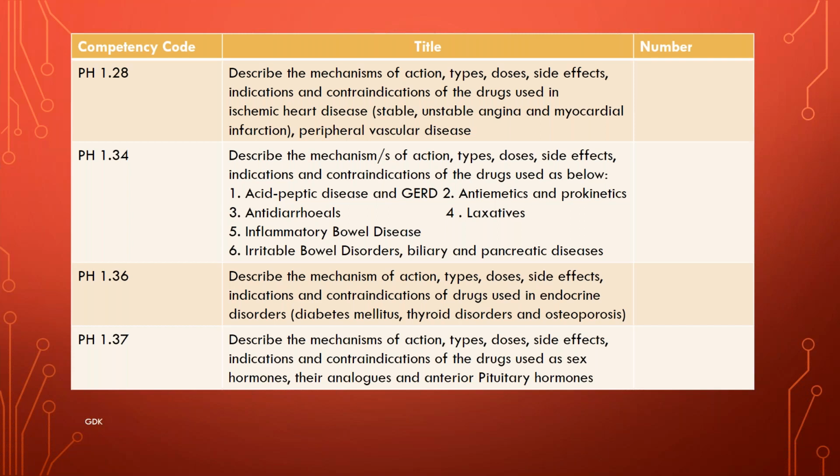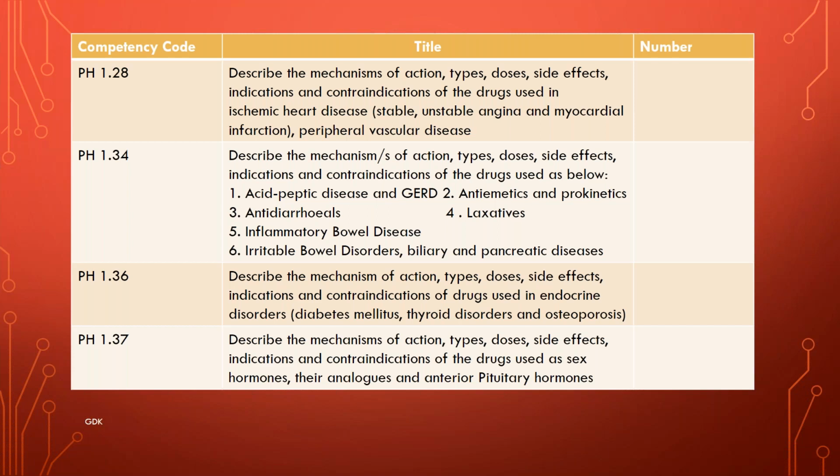PH 1.34: all GIT drugs are in one competency, and they must be divided into a number of sub-competency components with different SLOs. PH 1.36: again, diabetes mellitus, thyroid disorder, and osteoporosis as endocrine disorders, describe mechanism and all this.